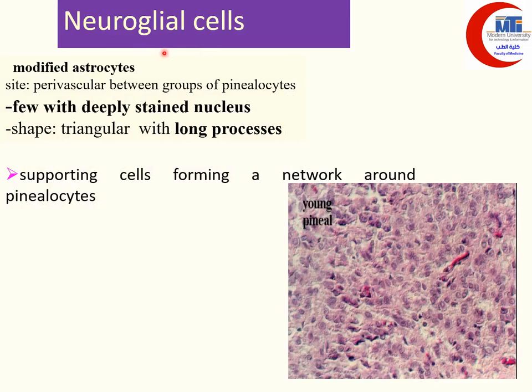As we saw in the previous diagram, neuroglial cells, which are modified astrocytes, lie between the groups of pinealocytes. They are few cells with deeply stained nuclei, as these cells are not active secretory cells.